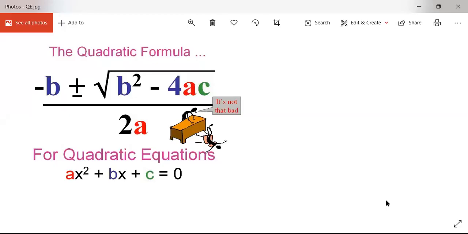See, whatever equation we are getting, that equation is in this format: ax square plus bx plus c is equal to 0. And we all know how we can find out the roots of this quadratic equation by using this formula, that is minus b plus minus square root of b square minus 4ac divided by twice a.